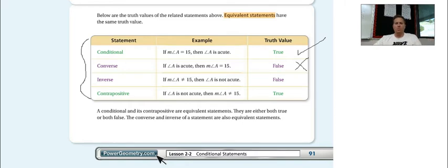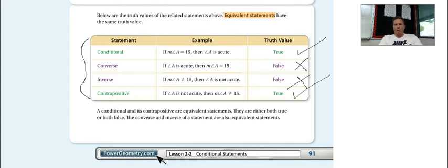That also would be false, because if A is 14, then it can also be acute. And the contrapositive is we flip them and negate both of them. So we're saying, if A is not acute, then A is not 15. That would be a true statement.